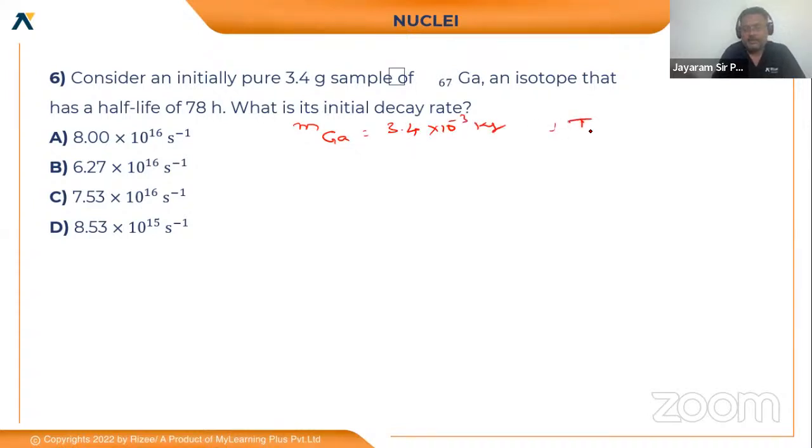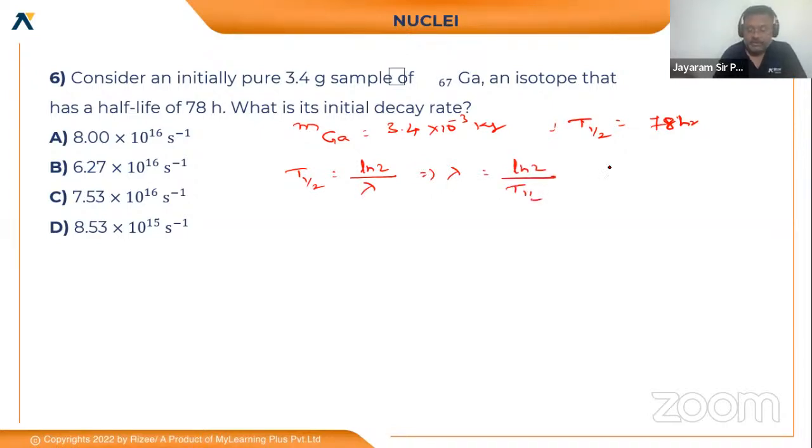And he has given T half, the half-life period, also 78 hours. So from this we know that T half is equal to ln of 2 by lambda. From this, the decay constant lambda is equal to ln of 2 by T half.